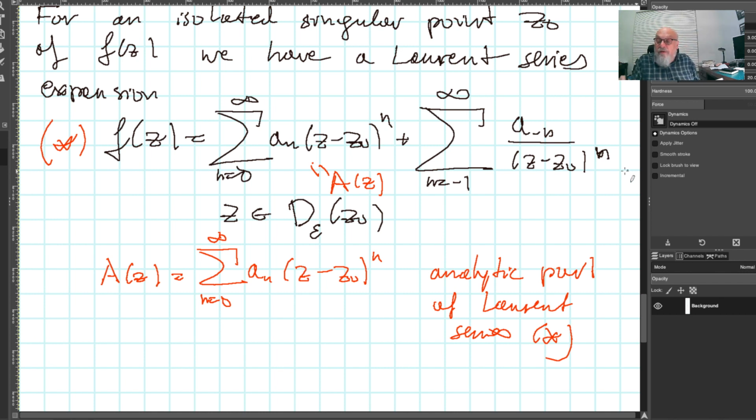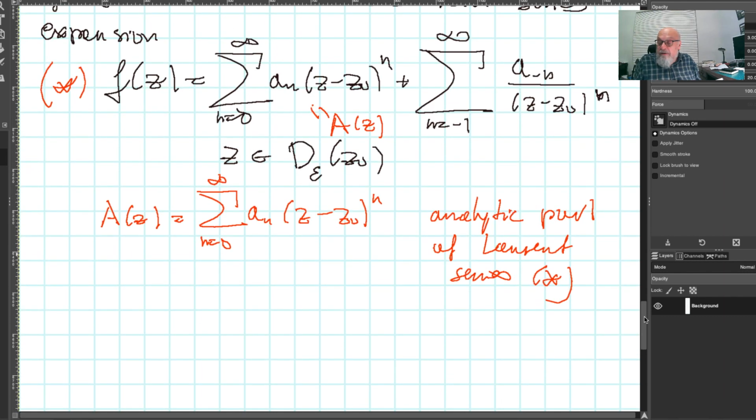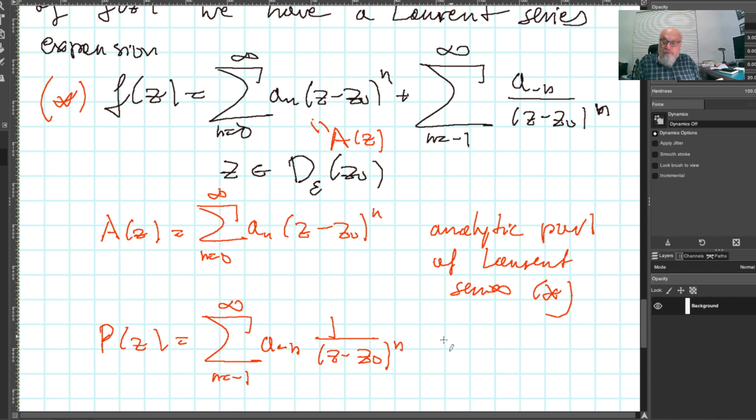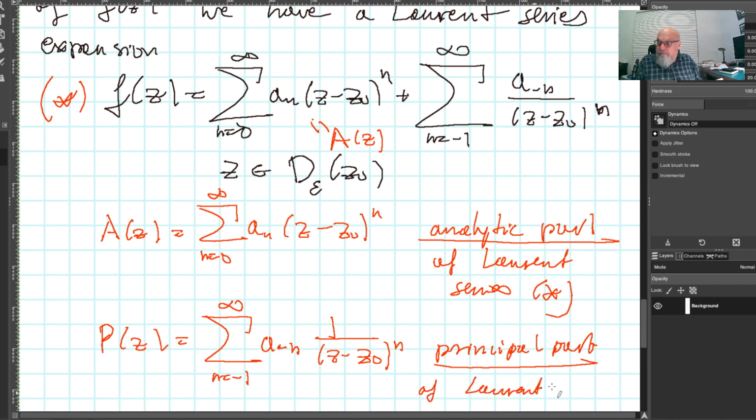And the other one, I call P, because P of z will be standing for all negative powers, the sum from 1 to infinity of a minus n, and the powers will be (z minus z0) to the power negative n. And this we will call the principal part of Laurent series star.